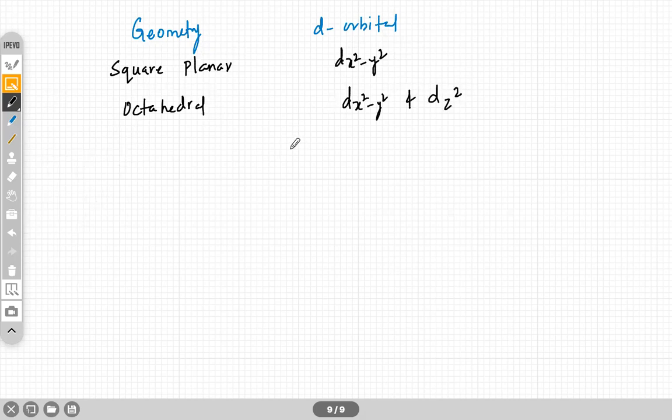If it is square pyramidal, it is only dx square minus y square. If it is TBP, trigonal bipyramidal, it is only dz square. These are the d orbitals involved in the geometry.